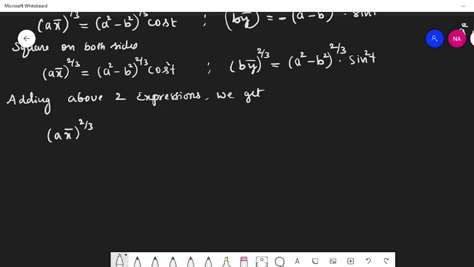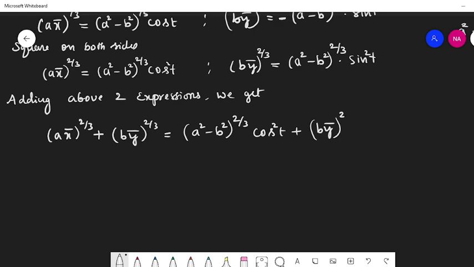I'm just adding the left hand sides of both the equations: (ax bar) whole power 2 by 3 plus (by bar) whole power 2 by 3 is equal to, adding the right hand sides of both the equations, (a square minus b square) whole power 2 by 3 cos square t plus (a square minus b square) whole power 2 by 3 sin square t.